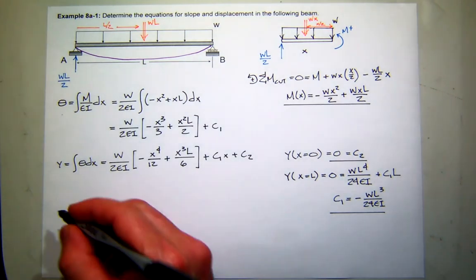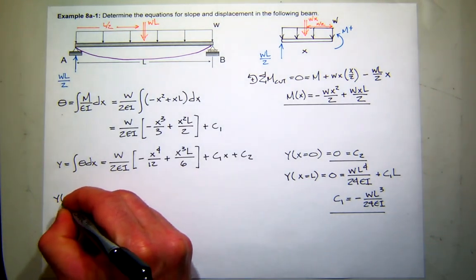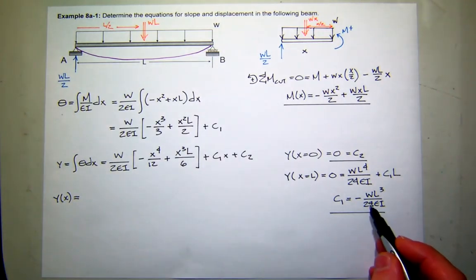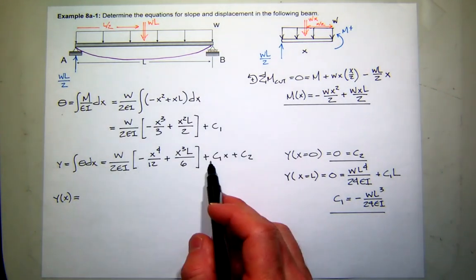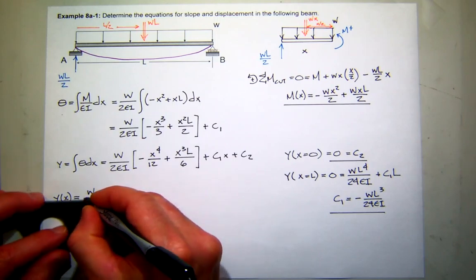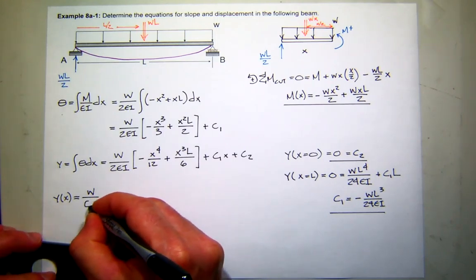So let's see what we get. Since this has this funny denominator, I'm going to run this back through. I'm going to factor out my W over EI.